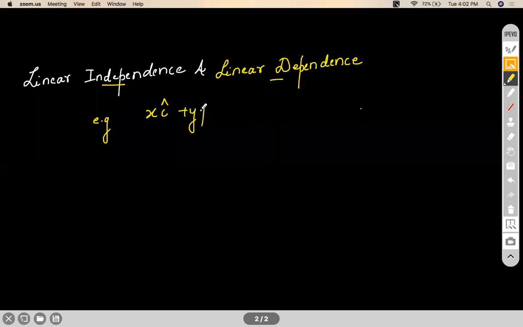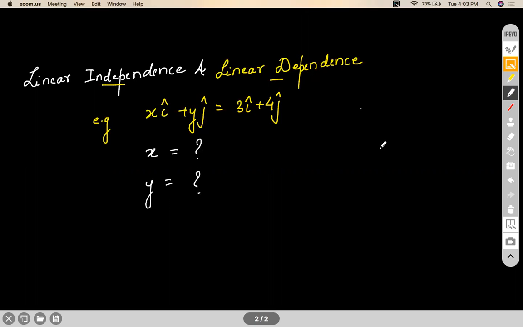xi plus yj is equal to 3i plus 4j. I think we had done a question like this in the last class when we were talking about one man traveling towards east and the wind is blowing. All those questions, right? So here, what will be your x and what will be your y? Of course, your answer will be x is 3, y is 4.